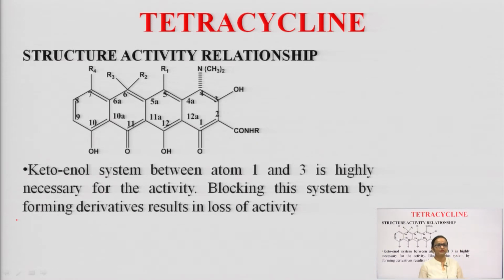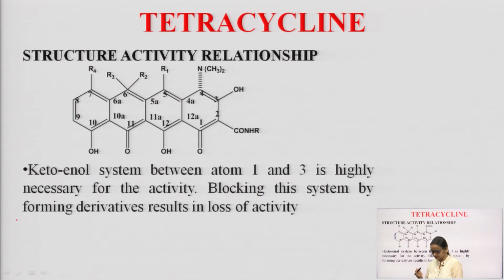We have seen that the tetracycline mechanism is to inhibit protein synthesis. How are they inhibiting protein synthesis? By binding to the 30S ribosomal subunit of the ribosomes of bacteria, right. So, this is a glimpse of what we discussed in the previous lecture.